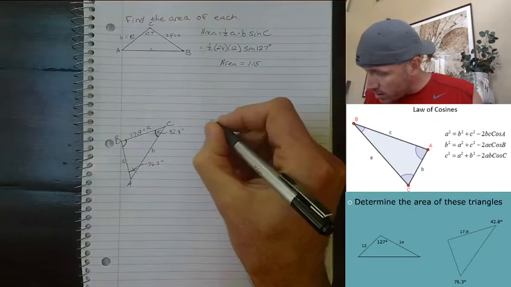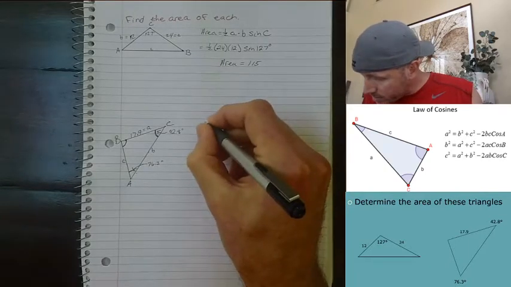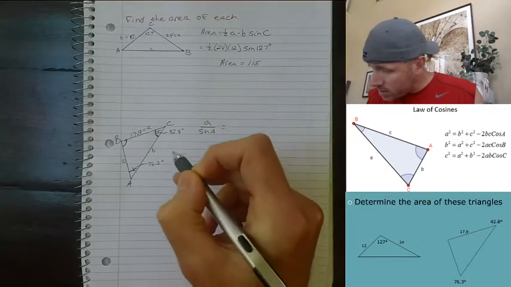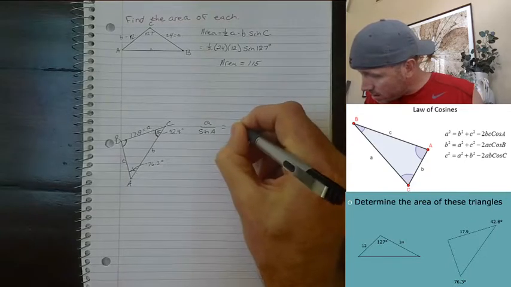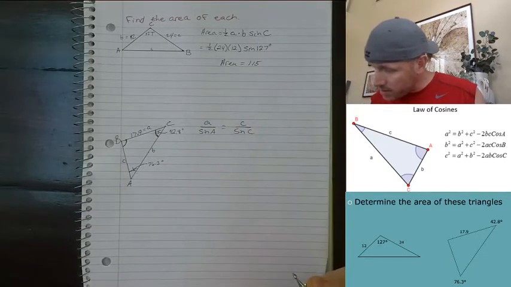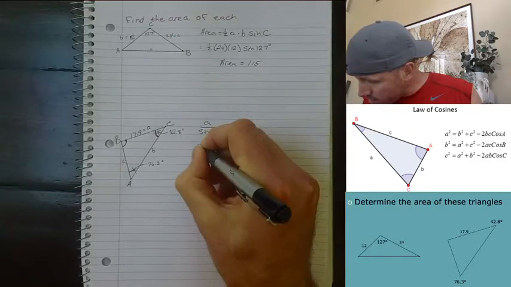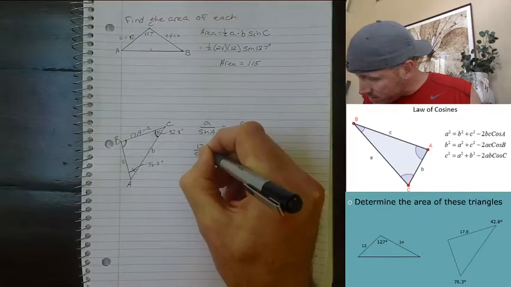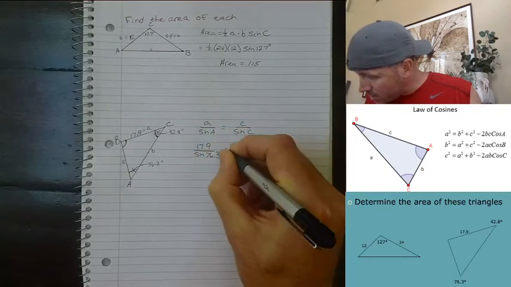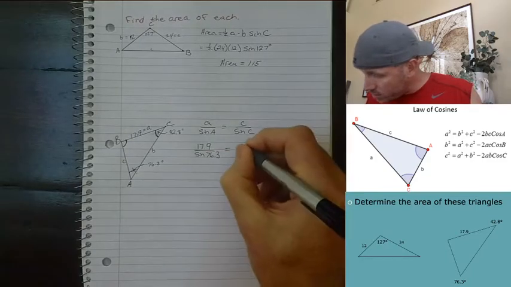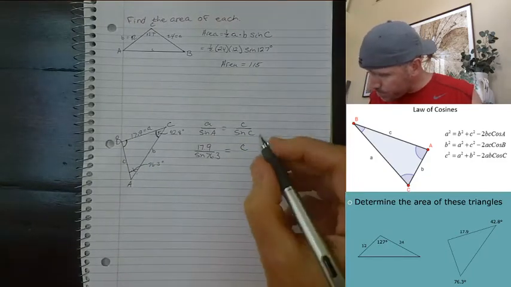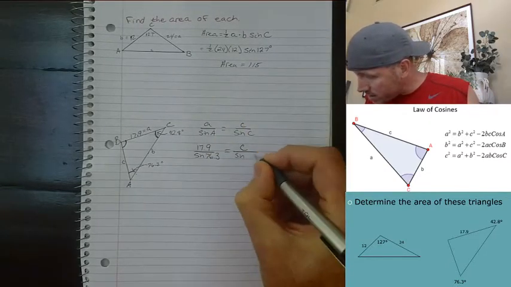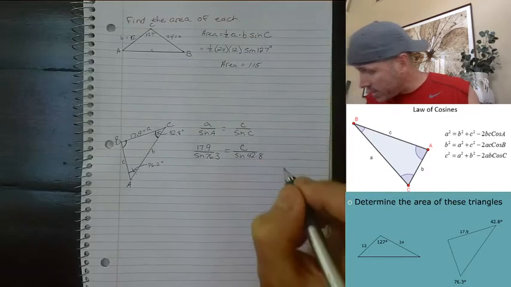So let's go with A divided by the sine of A is going to equal, in this case, C divided by the sine of C. A is 17.9 divided by the sine of 76.3, and that is going to equal C, which we do not have, but we do have the angle C, so we'll take the sine of 42.8.